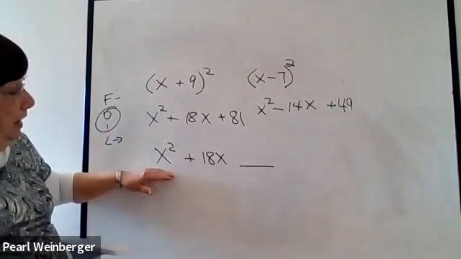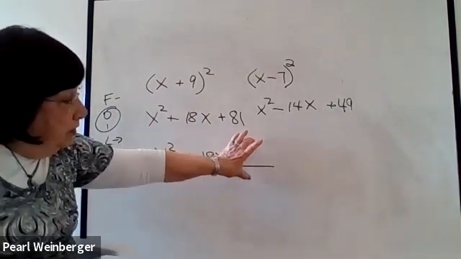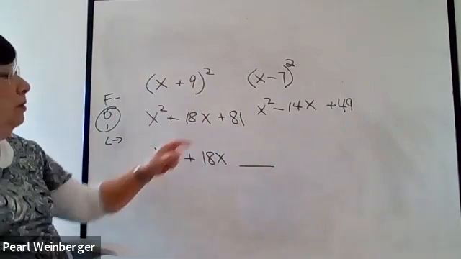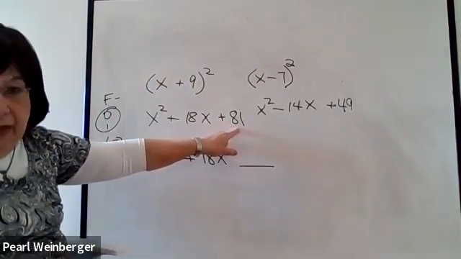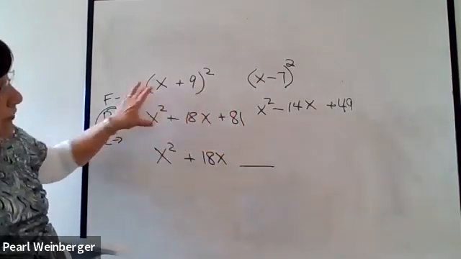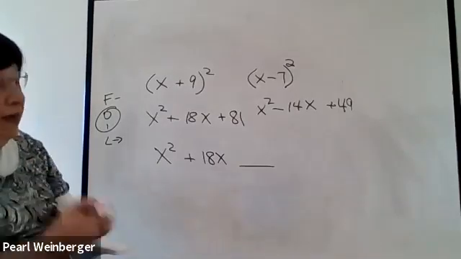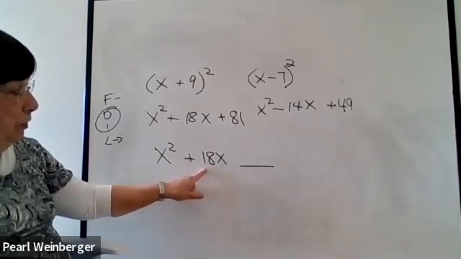Well, we know what that something has to be. It has to be 81. But what if I hadn't given you that 81? Would you have been able to figure out what that number is?